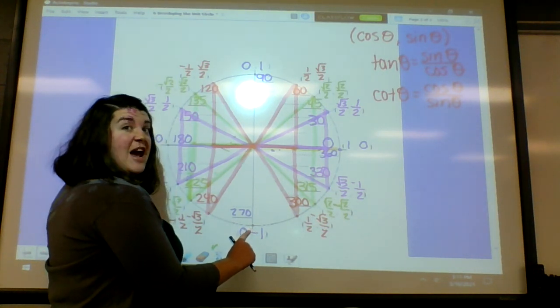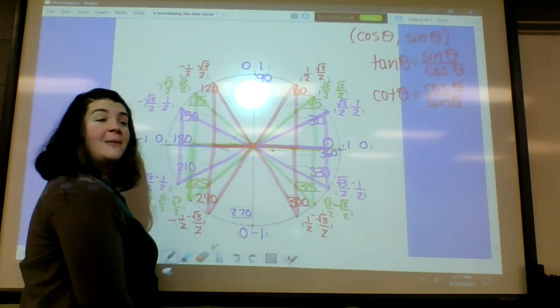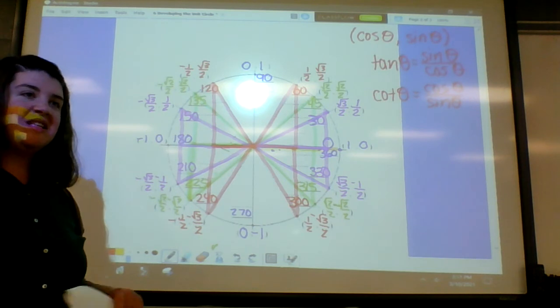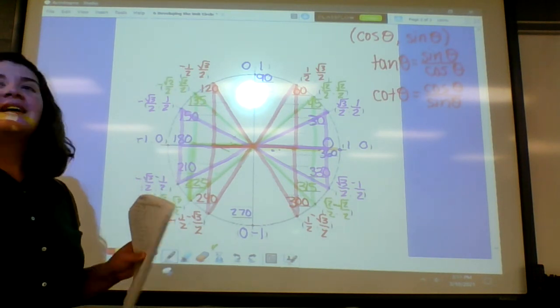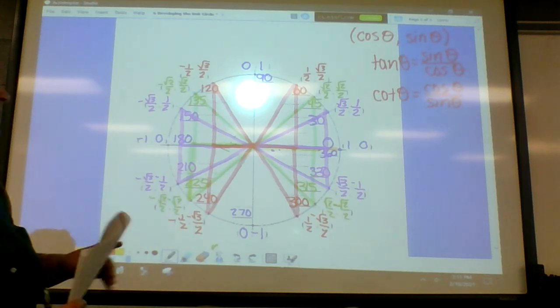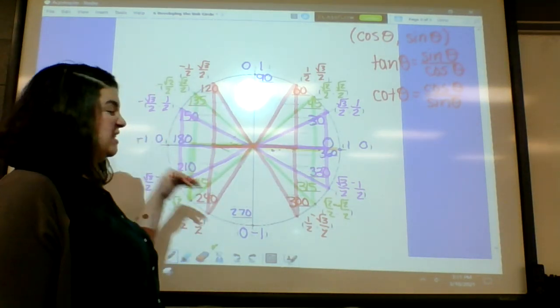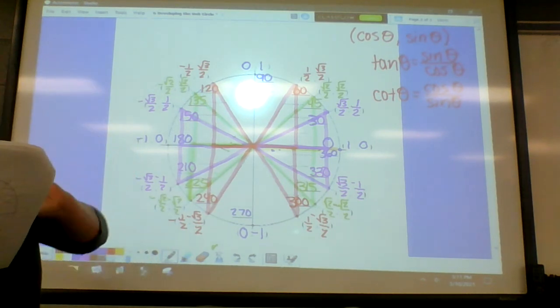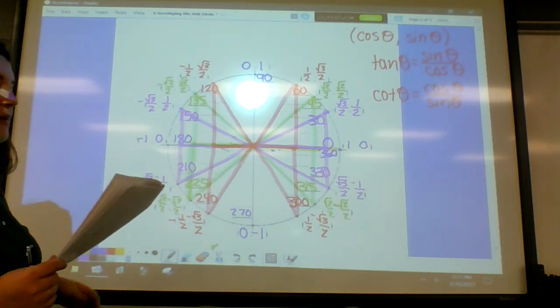Error. That's an error, right? That's undefined. So the answer for number 3 is undefined. So the secant of 270 doesn't exist. By the way, there's only a couple that don't exist, and that happens at these numbers when you try to divide by 0. That was number 3. Secant of 270 was undefined.